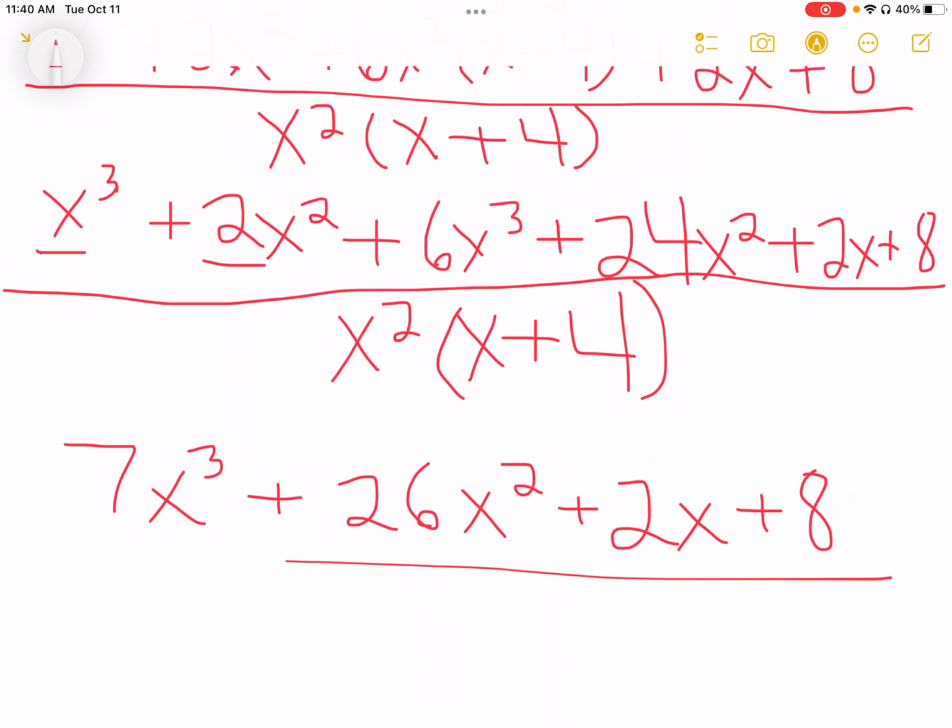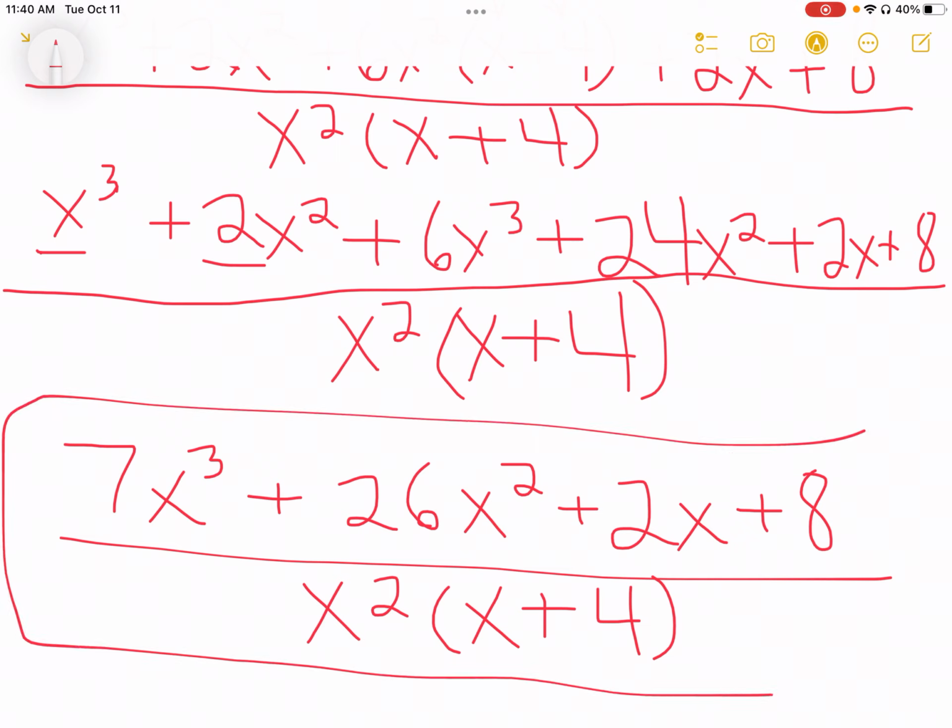And then it's all divided by x squared, x plus 4. All right, and I think that's it for that one, right? So, yeah, there's nothing else to simplify there. So that's the answer for that one.